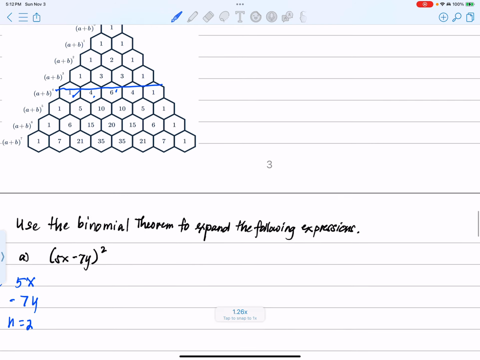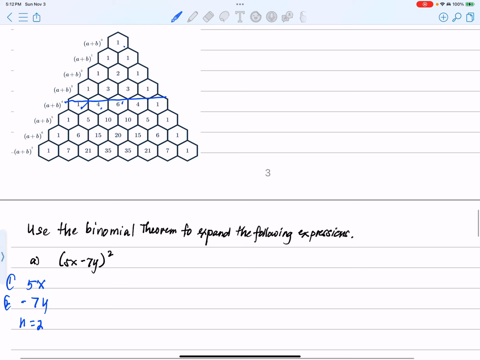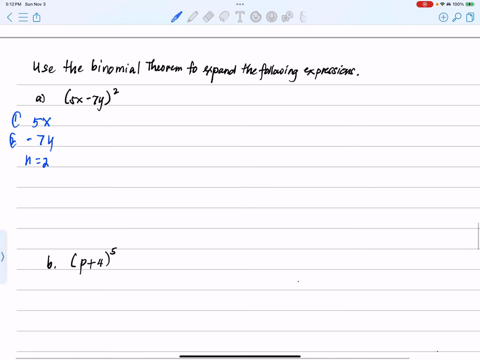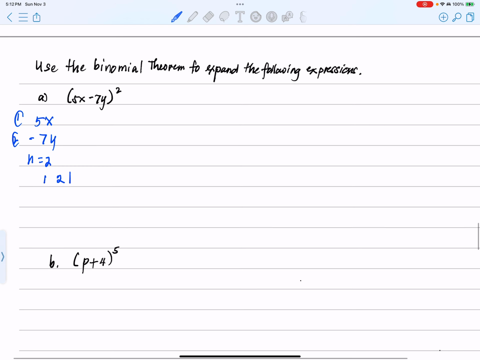So this is 0, 1, 2. I have a 1, 2, 1. Okay, my coefficient should be 1, 2, 1. Or I could do 2 choose 0, and then first term, second term, before I assign the exponent.